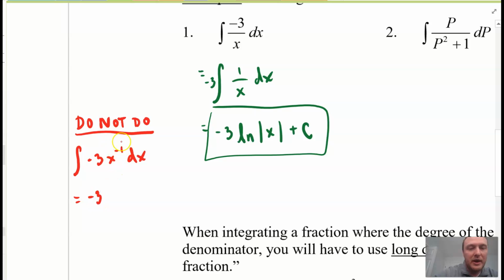What do we do with the power? Well, I'm going to add 1 to it. That's x to the 0. And then I have to divide by that power, and we're dividing by 0. The world just blew up. You cannot divide by 0. So, you cannot use this method, right? That's why I had you write "do not do" right here. Maybe you want to leave that as an important reminder to yourself.